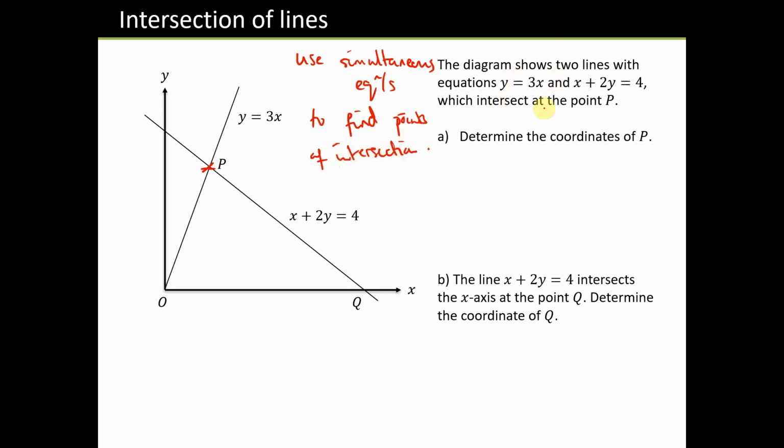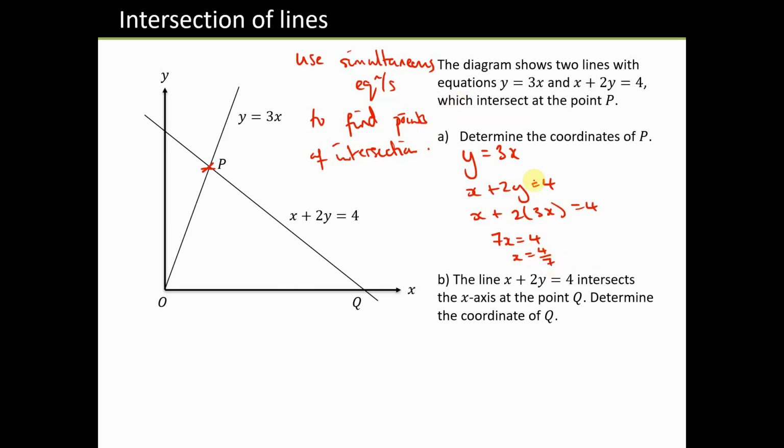In this case, if y equals 3x and x plus 2y equals 4, we can say this is x plus 2 lots of 3x equals 4. So this would be 6x, and with this extra 1, 7x equals 4. So x equals 4 over 7.